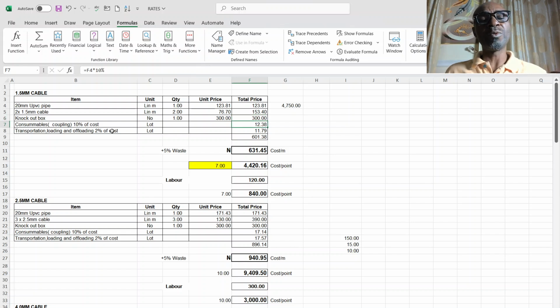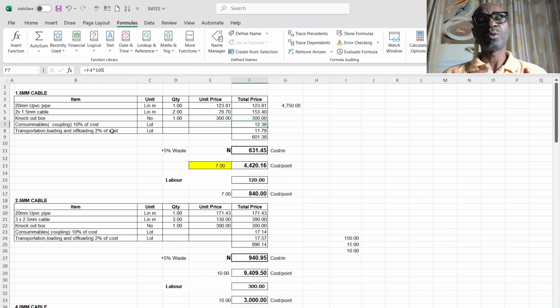Then the consumables. If you keep your cost data from various sites you've worked, you'll be able to apply a reasonable percentage and it will work.